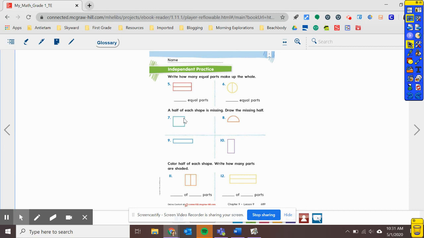You need to draw the other half. Okay? And then for numbers 11 and 12, you're going to color. So you can use your pencil if you want, or you can get a crayon if you have one nearby. You're going to color half of the shape, and you're going to write how many parts are shaded. So you're coloring half and then writing how many parts are shaded.